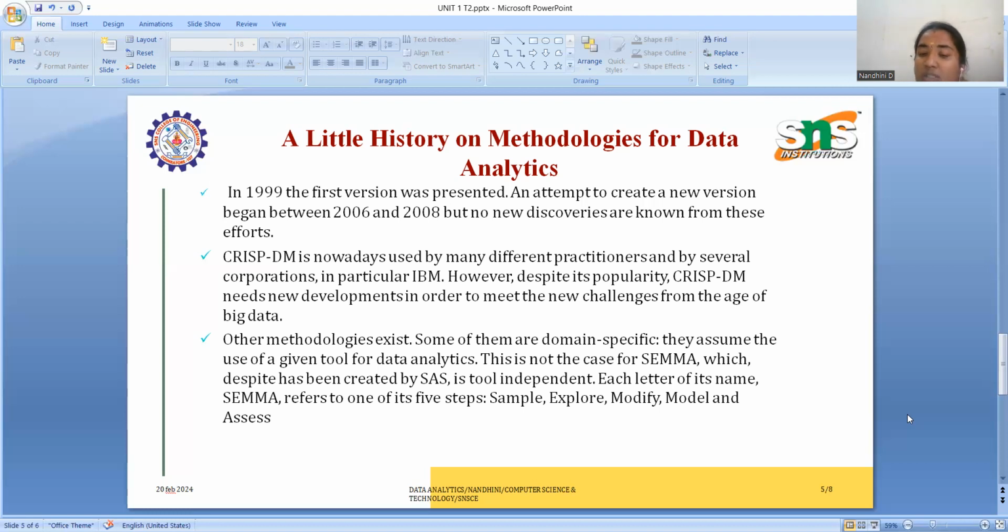CRISP stands for cross industry standard process, also known as the data mining process. This analytical data is visualized in the form of pie charts, bar charts, scatter charts, statistical analysis, and historical analysis. Like this, many histories are given here.